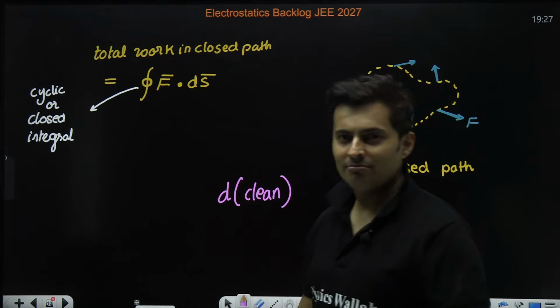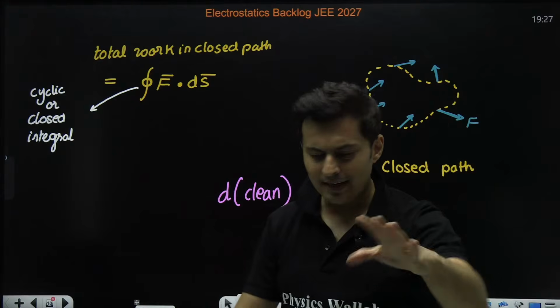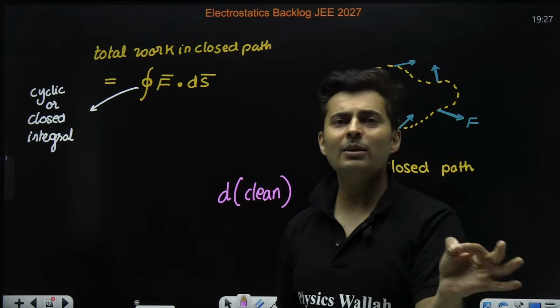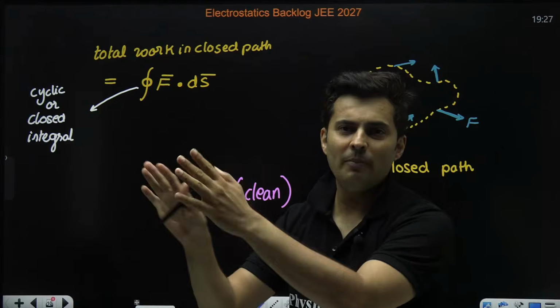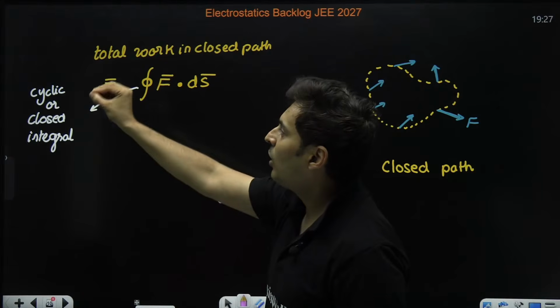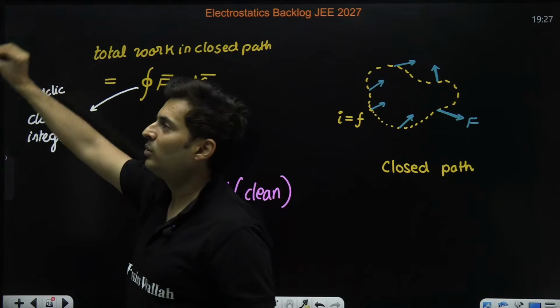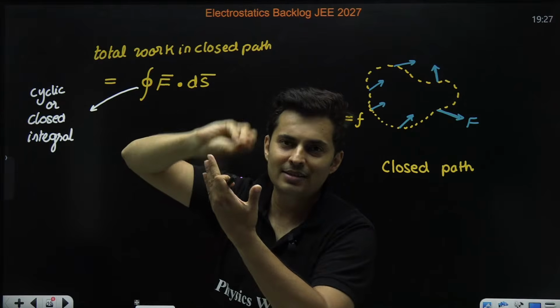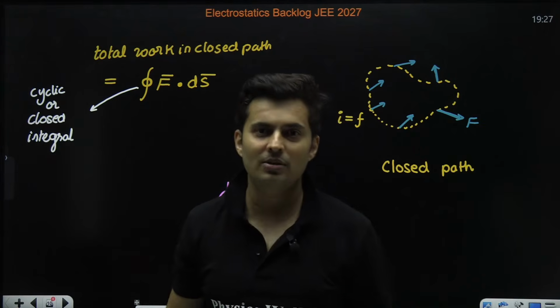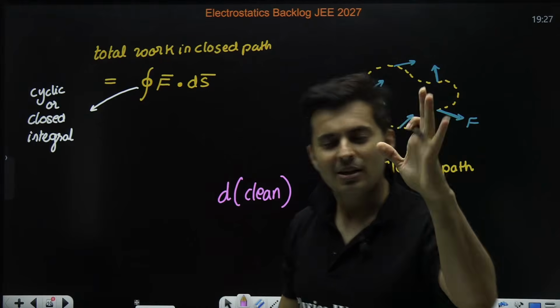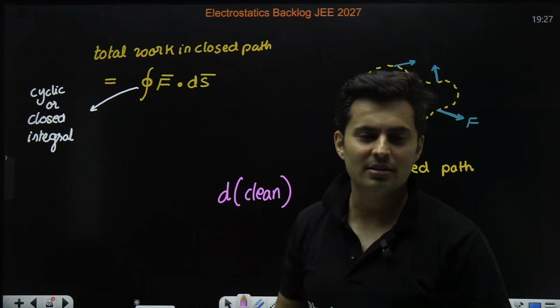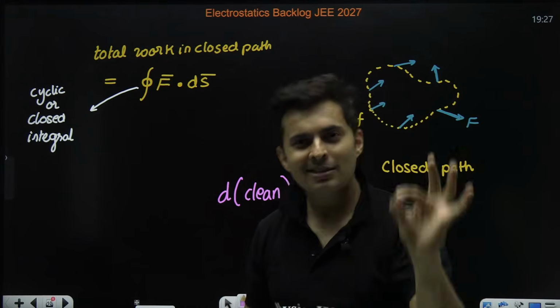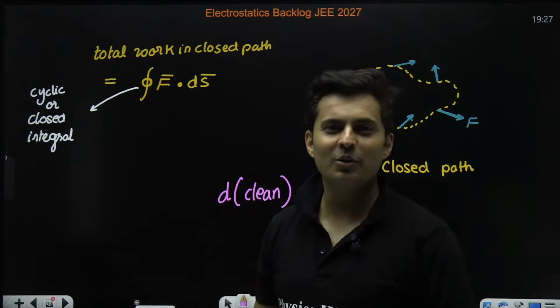Now cleaning is maybe wiping, arranging things, whatever. So dclean means you are cleaning a small part of your room. Maybe there is a small patch somewhere in your room and you clean that small patch. So that is dclean. Are you able to visualize it? This is just a hypothetical situation.